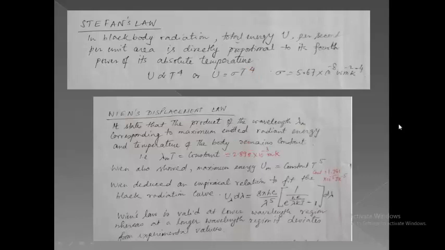Moving to the next law, which was already discussed in the previous slide when I was discussing the black body radiation curve, in the second point, again I repeat that. For every curve there is a maximum point of energy density, and this occurs for a given wavelength.